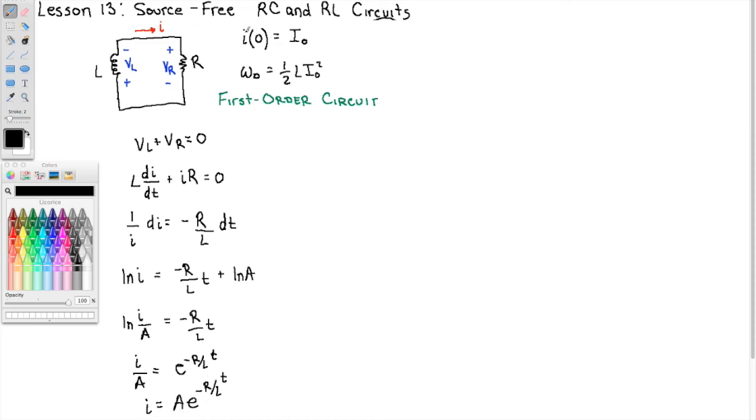But our initial condition was that at time equals 0, we have I0. So if I plug in t equals 0 here, I better get I0. So I of 0 is equal to A, right? Because e to the 0 is 1, and that should give me I0. So A must be I0. So we've got this.